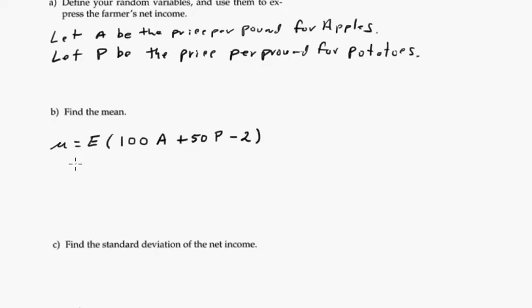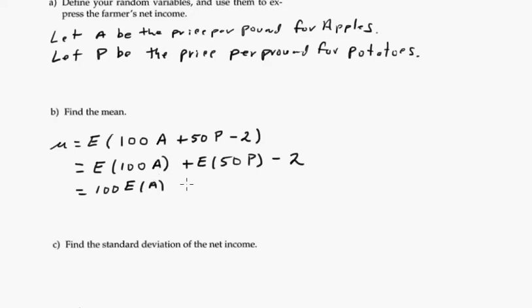So what this would be then is the expected value of 100 times the price per apple plus the expected value of 50 times the price per potato, and then we subtract off 2. So this is just equal to 100 times the expected value of apples plus 50 times the expected value for potatoes minus 2. So now we can plug this in.